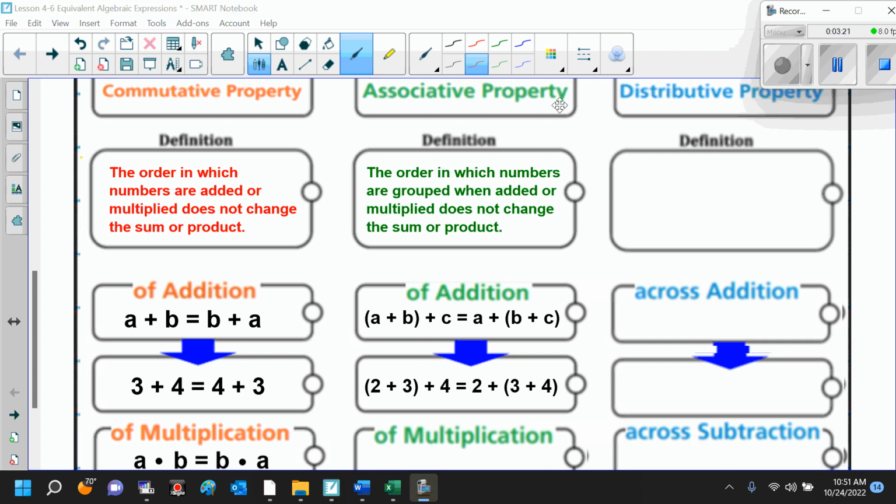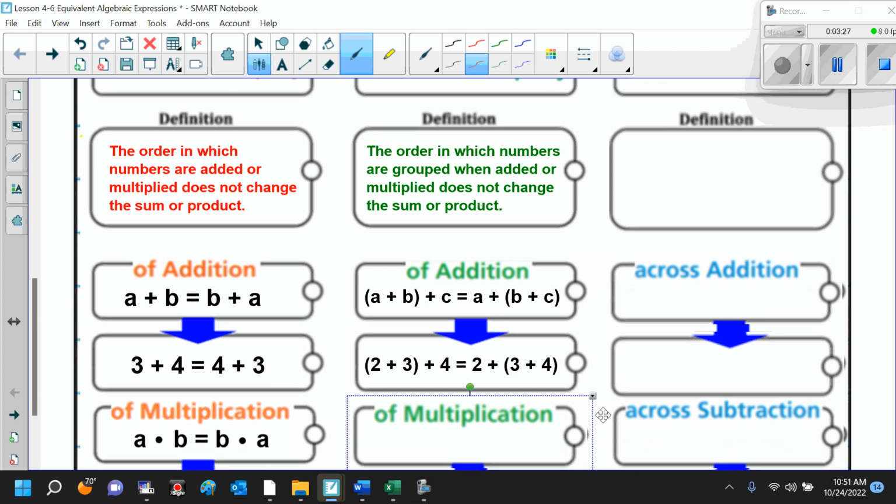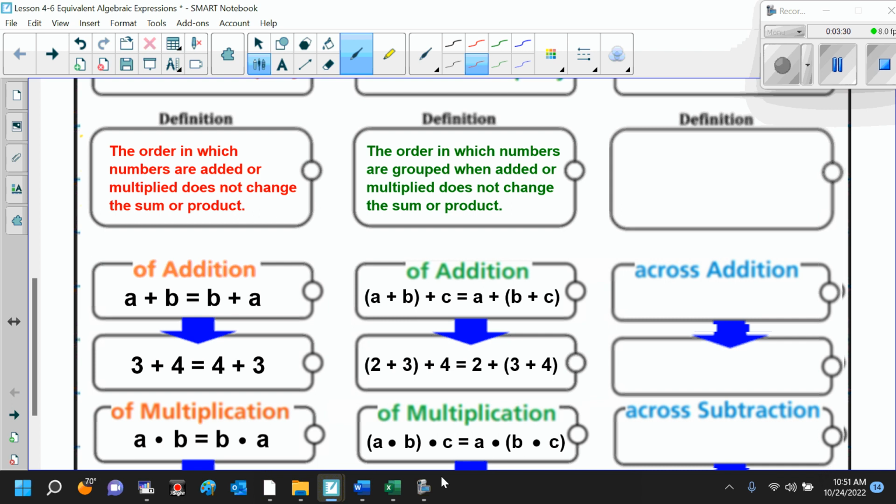The associative property also works for multiplication. So let me uncover this one over here. For multiplication, we're grouping the first two or grouping the second two.